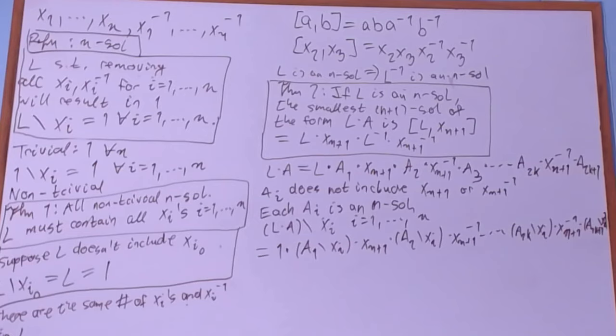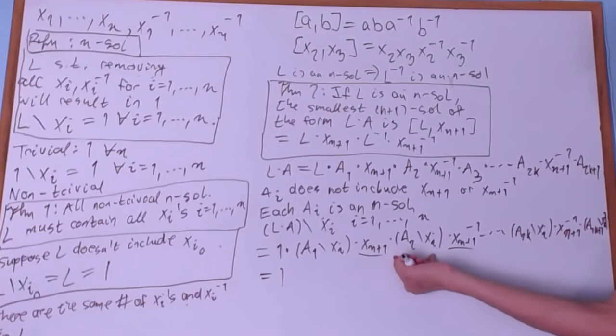What is required for this to actually reduce to 1? Because we want this to be a solution. Well, the only way for this to go to a 1 is for each of these xn plus 1 and xn plus 1 inverses to meet up with each other. Well, how do I do that? Well, the only way is to get rid of these.